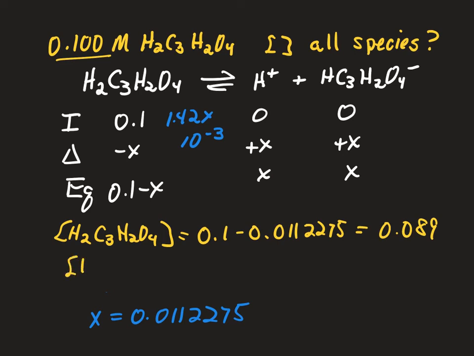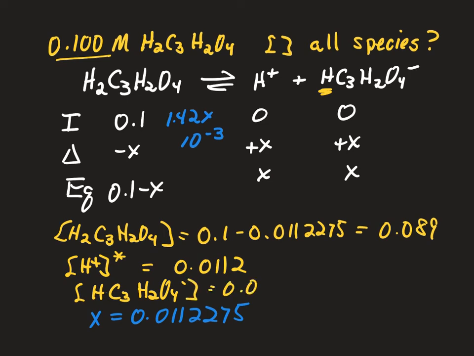Our concentration of hydrogen ions at the moment, because we've still got another acidic proton to consider, is going to be 0.0112 to 3 significant figures. And our concentration of our anion is going to be the same. And so we're partway through. We've considered our first dissociation.